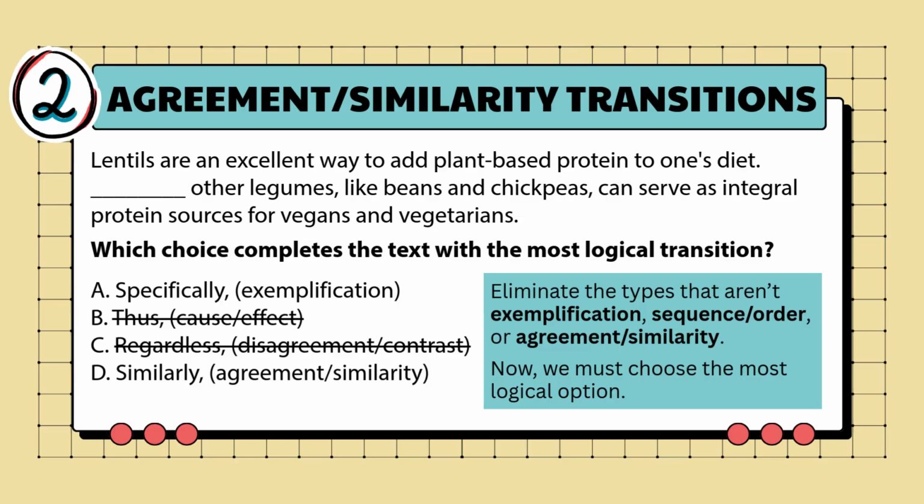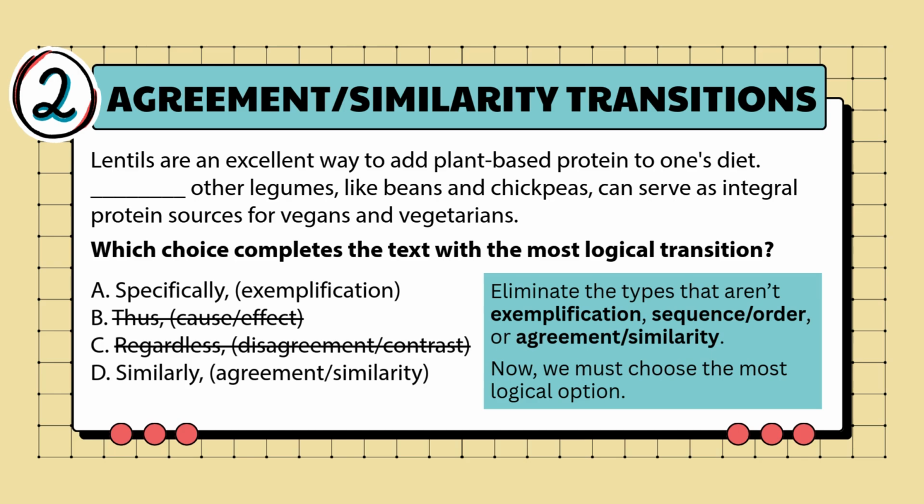Second, you should take a close look at the answer choices. You can immediately eliminate those options that aren't exemplification, sequence order, and agreement similarity. For example, I noticed that thus is a cause-effect transition, and regardless is a disagreement-contrast transition. These are not one of the three being tested, so I can eliminate them.